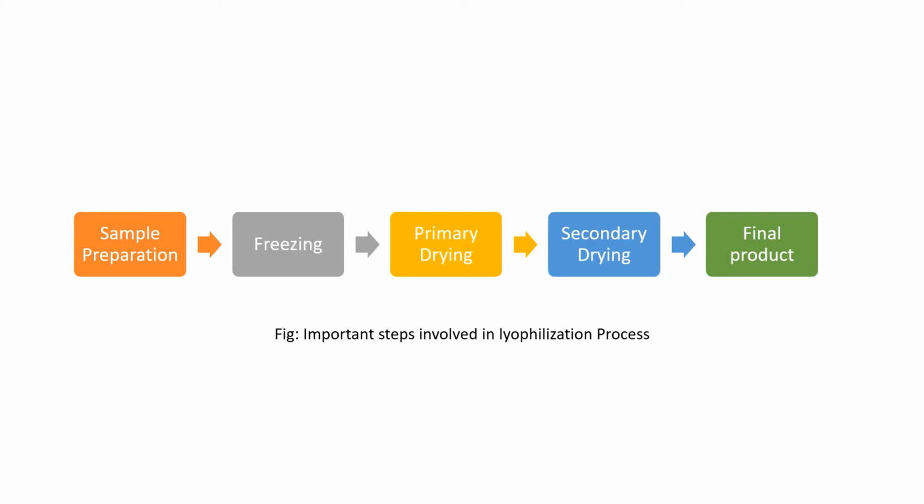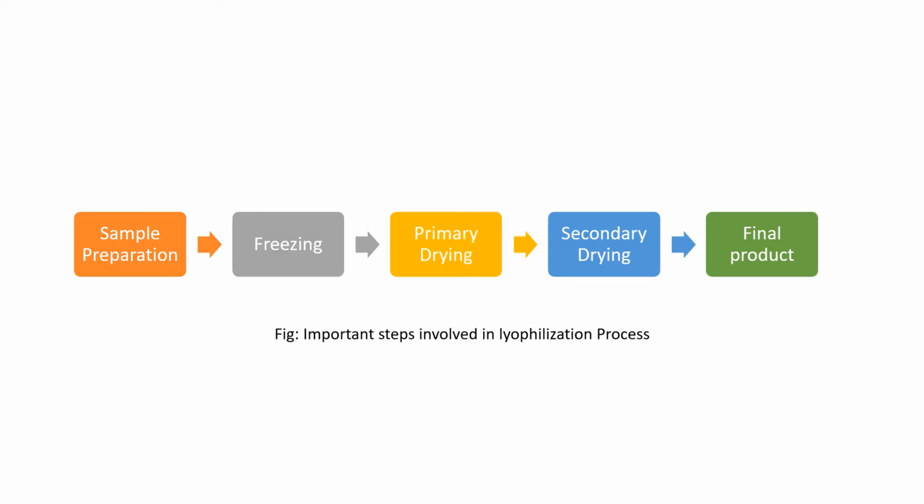Suppose after primary drying the moisture level is about 20 or 25%; if it is not completely removed in the secondary drying process, it influences the final product characteristics. So this stage is very important.